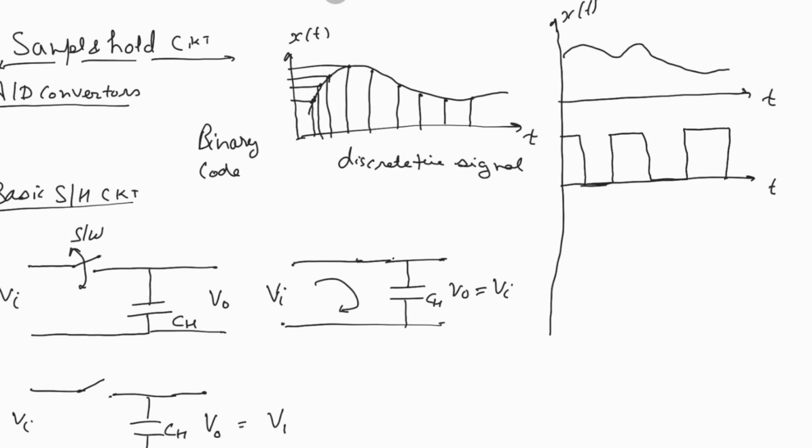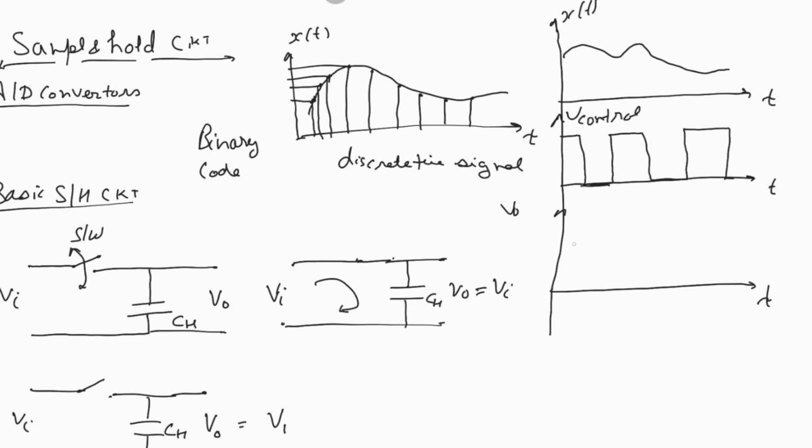The switch is controlled by this signal that we call V control. This can be a MOSFET, BJT, or whatever we want to use as per the requirement. And the third is the output voltage.